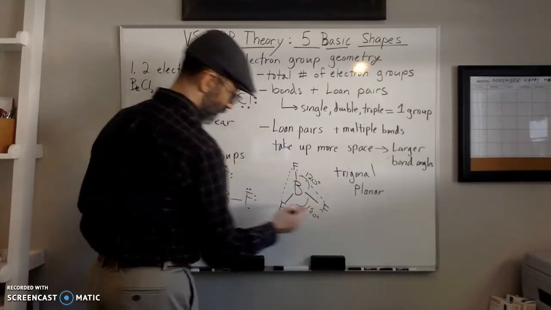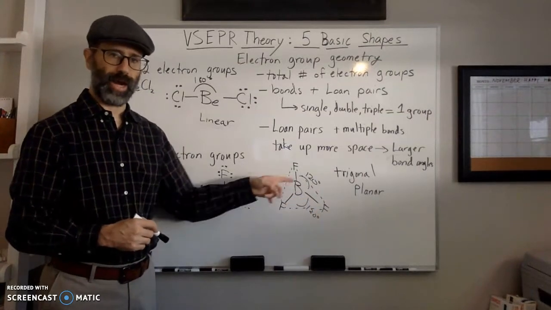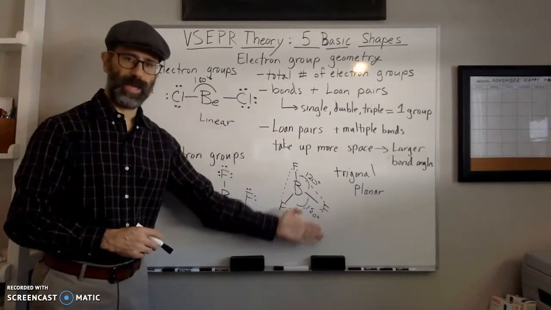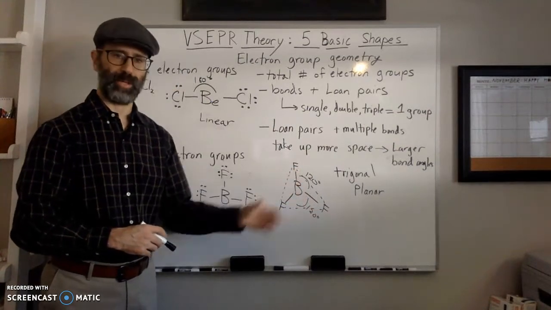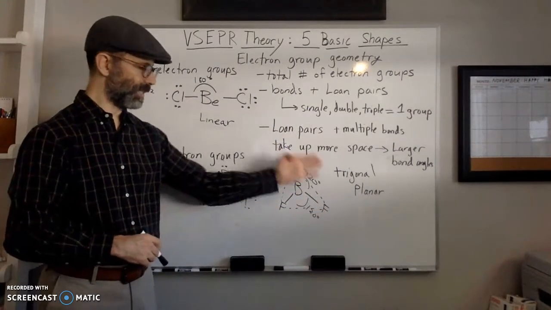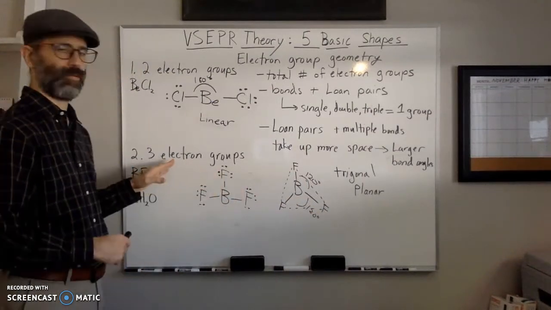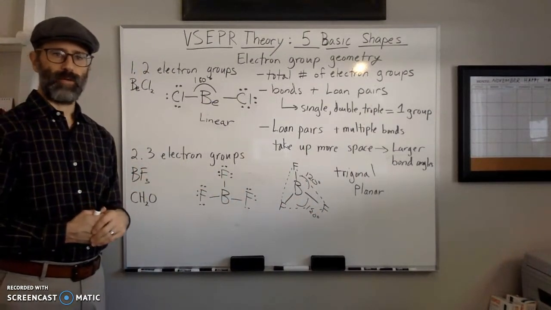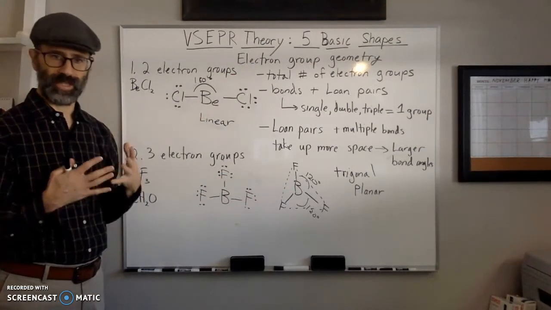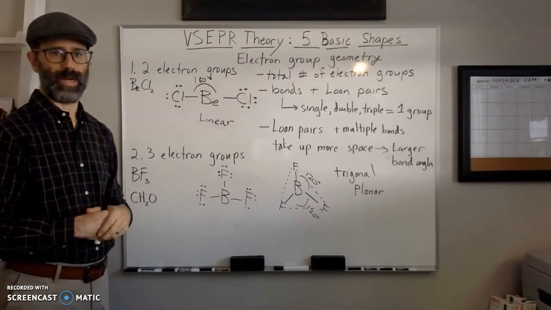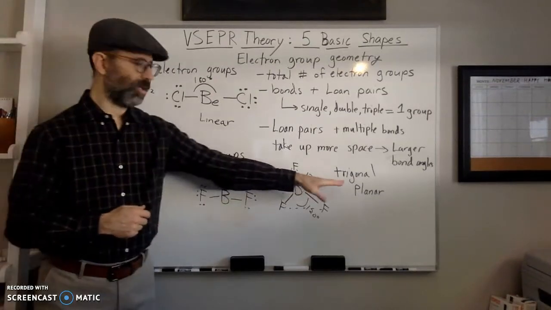If you connect these together, it looks like a triangle, and all of the atoms are in the same plane. You can imagine the atoms in the same plane of the board. So anytime you have three electron groups, whether they're bonding or non-bonding, the electron group geometry, which is what we're focused on right now, is trigonal planar.